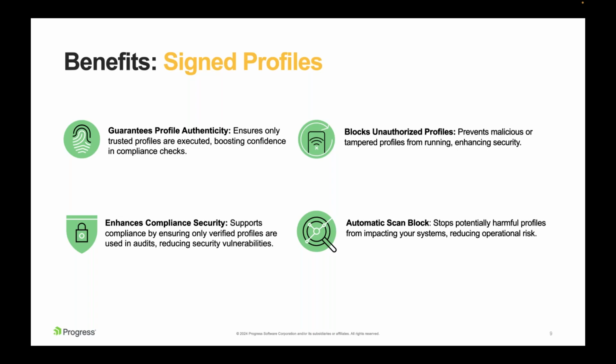And it basically helps organizations in aligning with regulatory standards and reducing vulnerabilities. And lastly, automatic scan basically blocks and halts any unverified profiles immediately, preventing harmful activity before it affects the critical systems, thereby reducing your operational risks. So talk about efficiency. There you have the automatic scan.